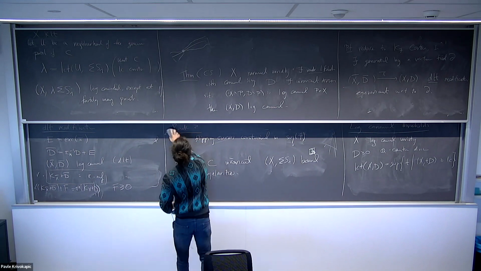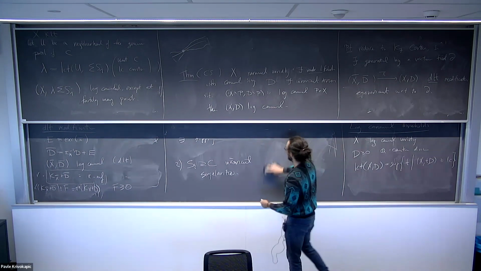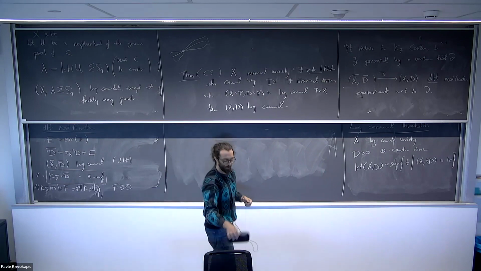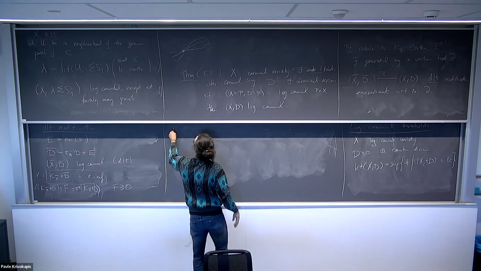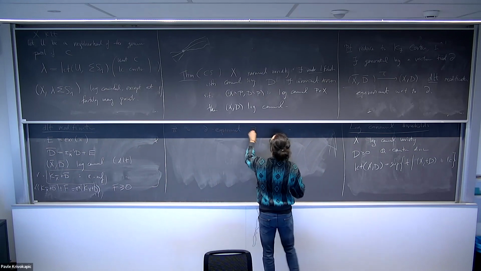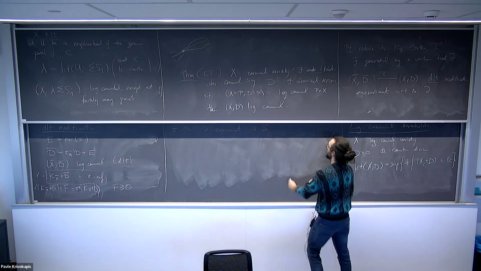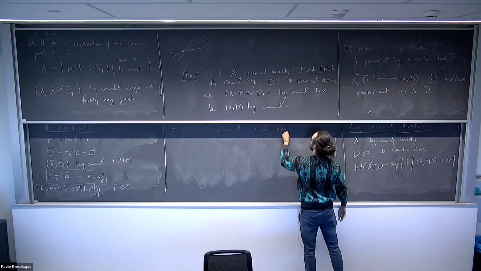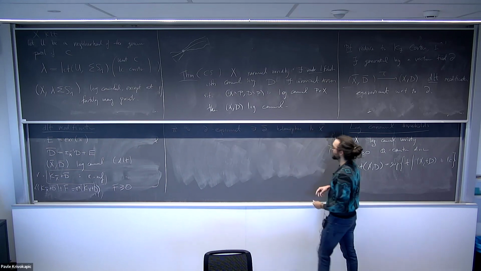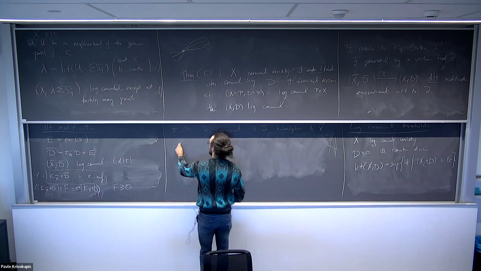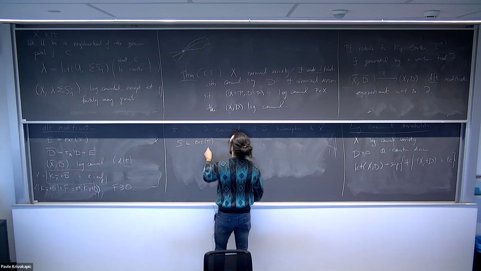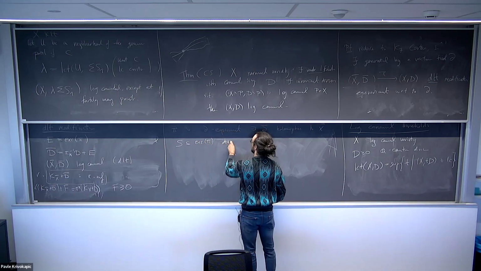So we take this DLT modification. And because pi is delta equivariant, there exists a holomorphic lift, delta tilde, to X bar. Now let S be a component, a divisor in the exceptional locus.